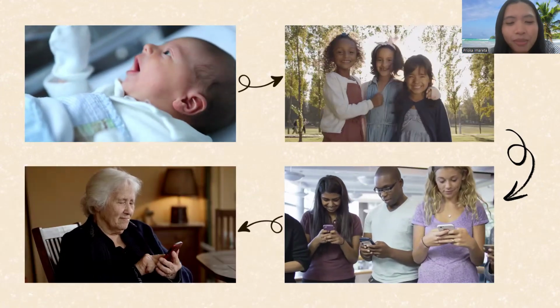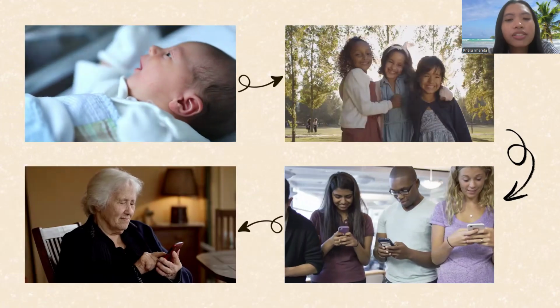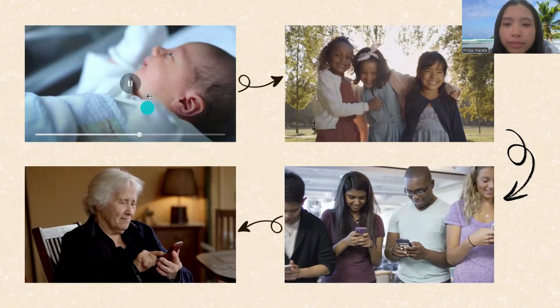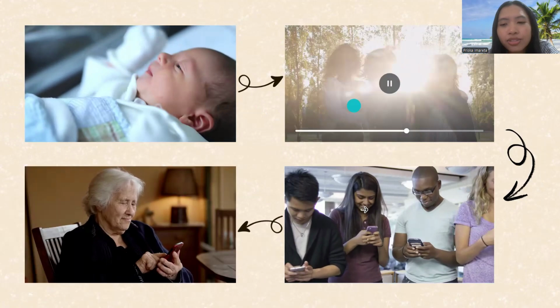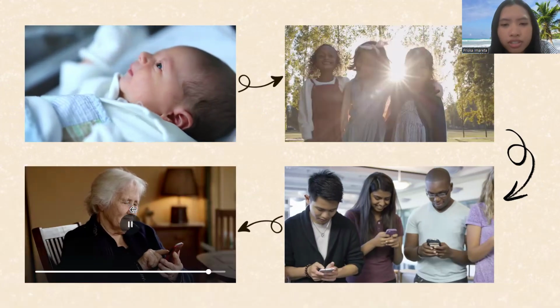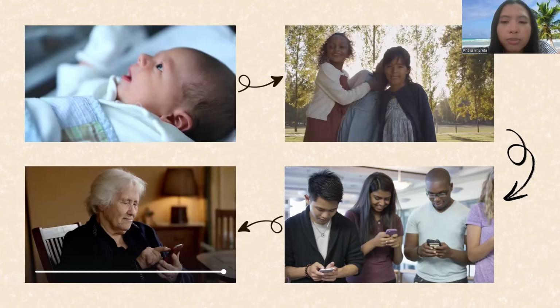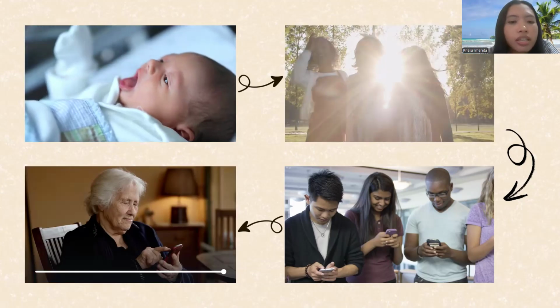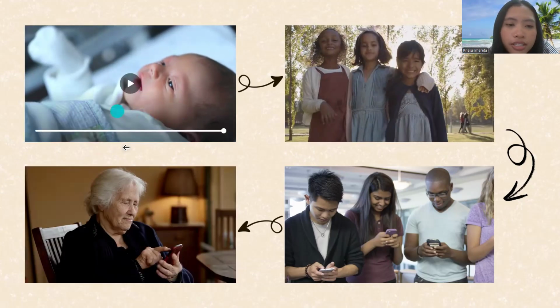Yeah, very good job. This video shows the process of human growth from a baby to child to adult and to senior age. But have you ever wondered how it is possible for our bodies to grow from the size of a little baby to the size we are now? The answer is in the process of cell division.